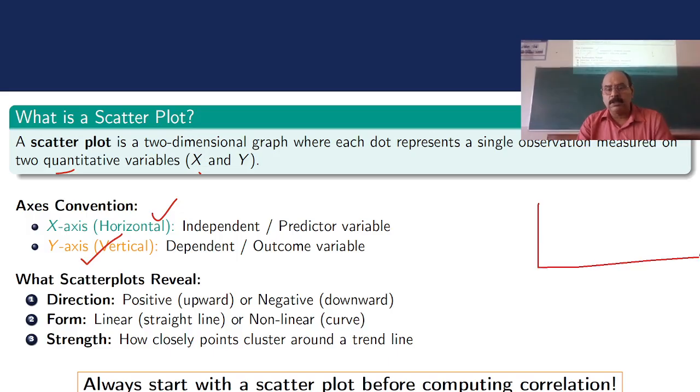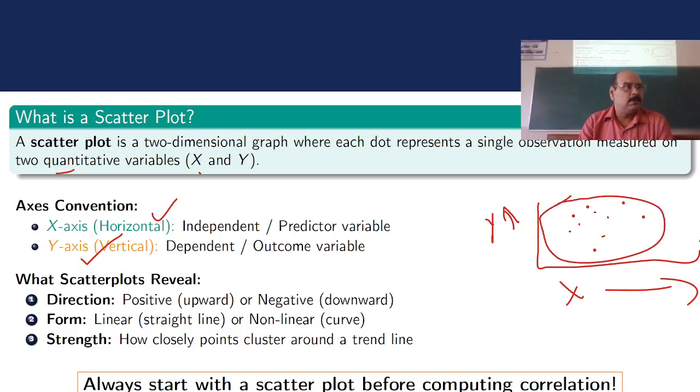So this is a scatter plot. This is y, this is x. This kind of scatter plot shows there is no correlation between x and y. Okay.